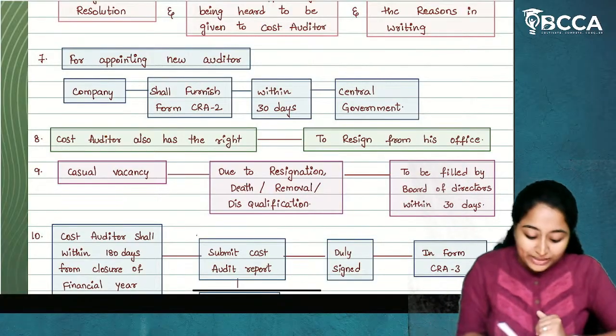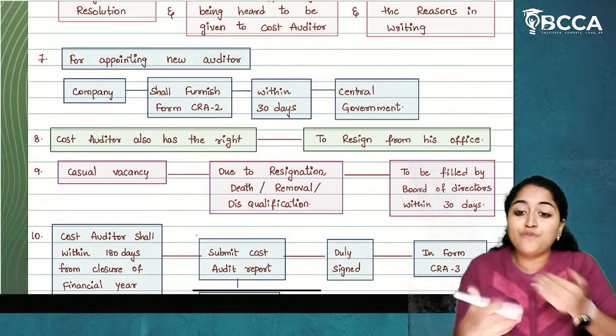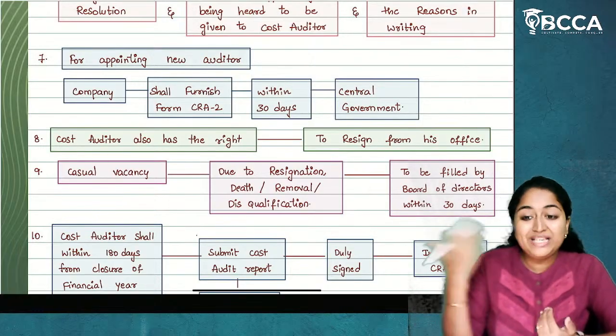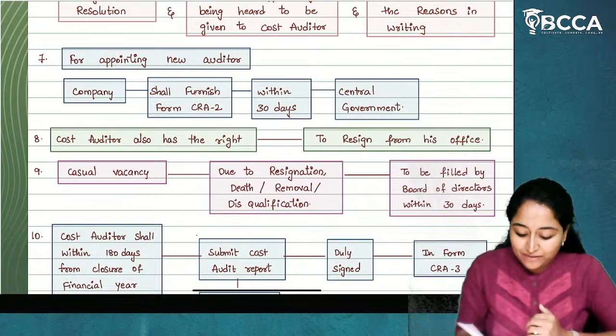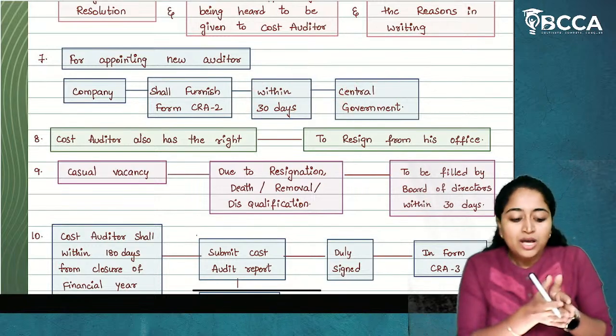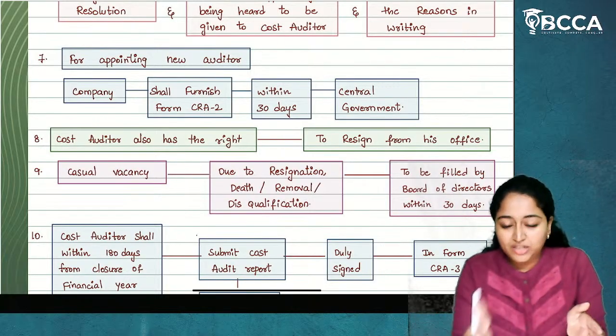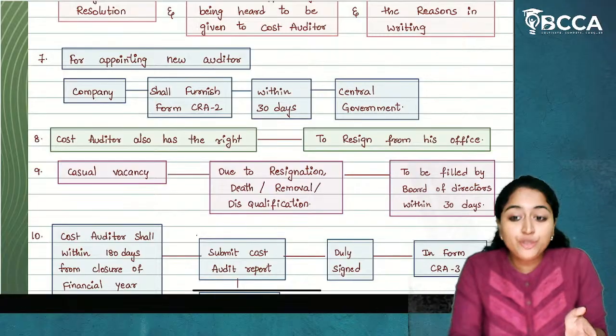When he is appointed, the company shall furnish form CRA2 again. A revised form CRA2 should be filed to the central government within 30 days. Within 30 days of removal, they have to appoint a new cost auditor.